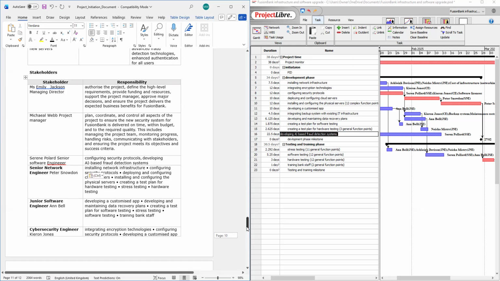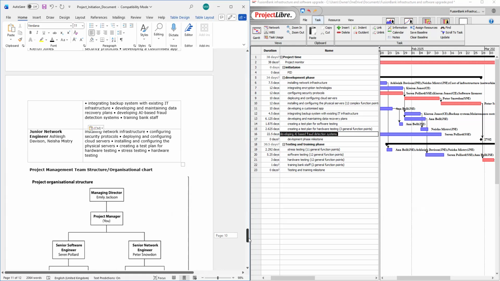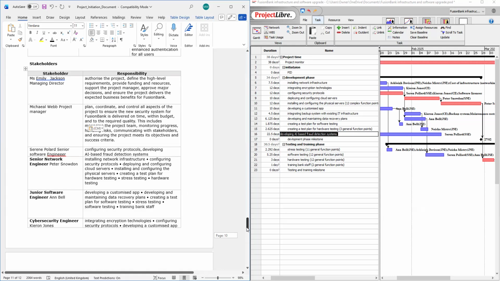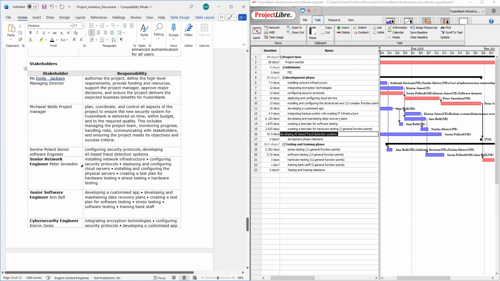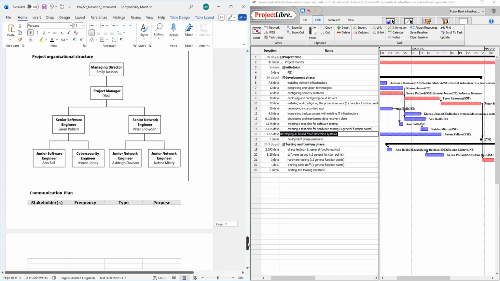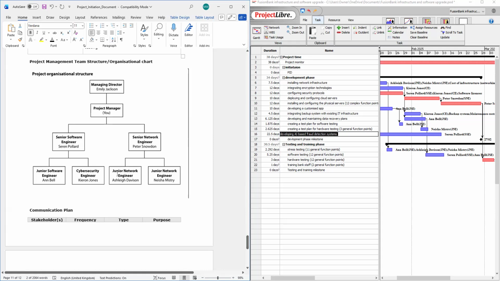Everything is there for the stakeholders, because everybody on the work breakdown structure is a stakeholder. So that's how we do that section, and we just copy over the project management structure over here.